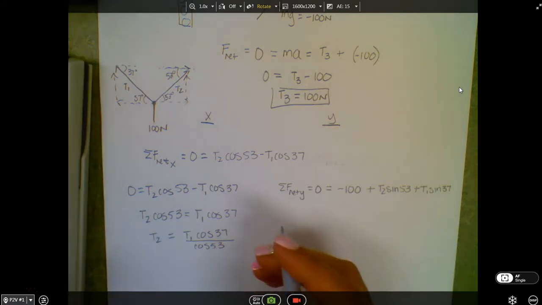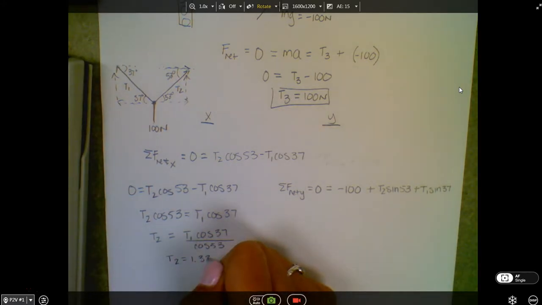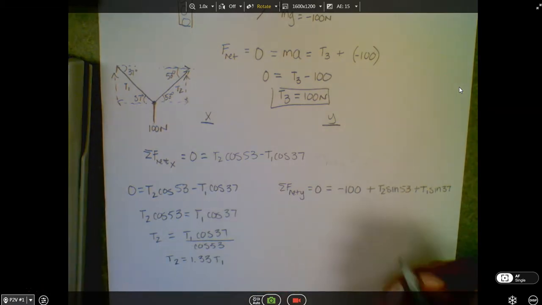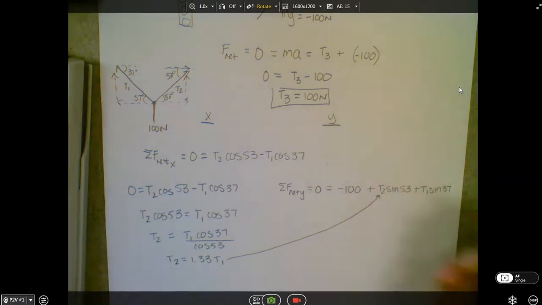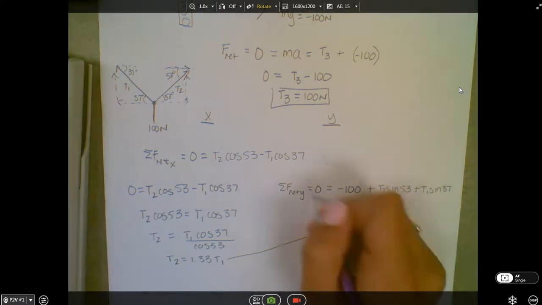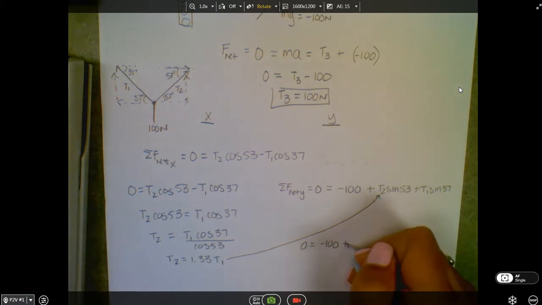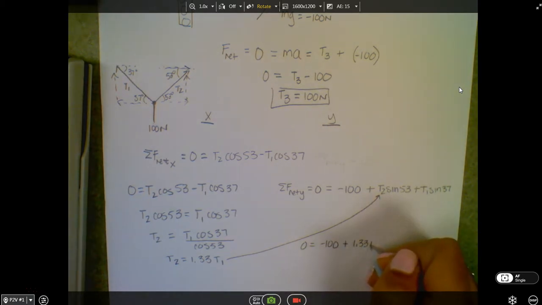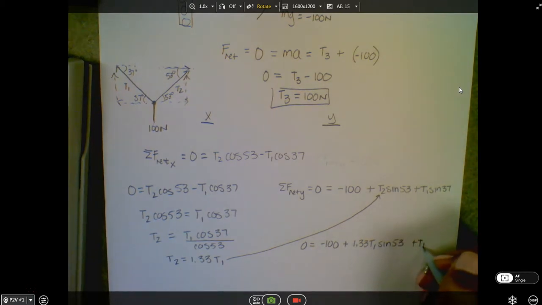So I get that T2 equals 1.33 T1. Now I can take that and plug it in for T2 here. So I go over to this equation and I have 0 equals negative 100 plus 1.33 T1 sine 53 plus T1 sine 37.